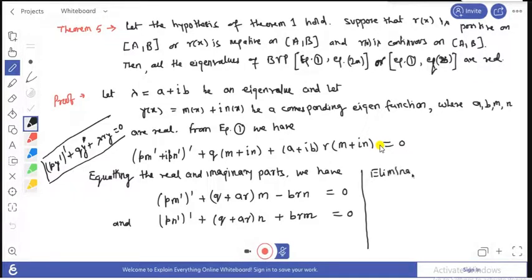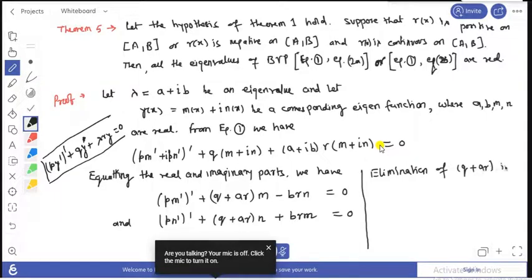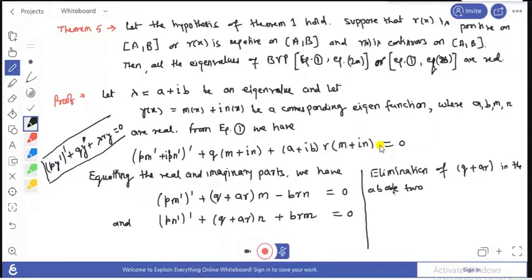Okay, so if we write the elimination of this term q plus a r in the above two equations, it implies, if you multiply here, this becomes n.